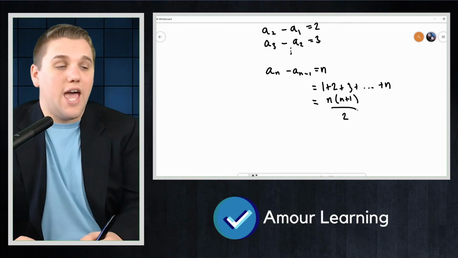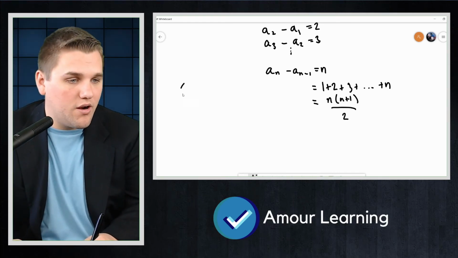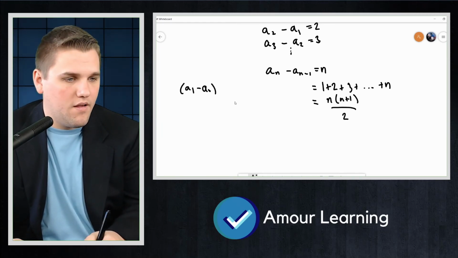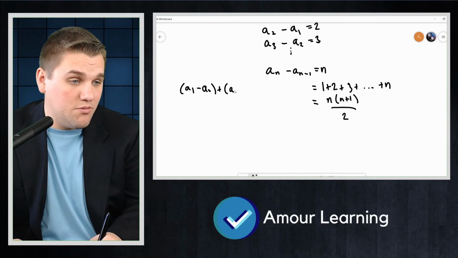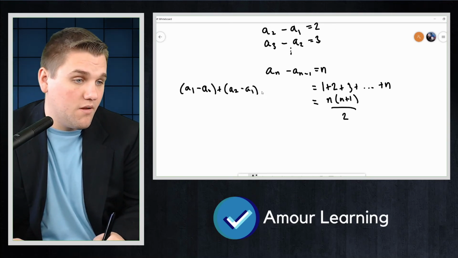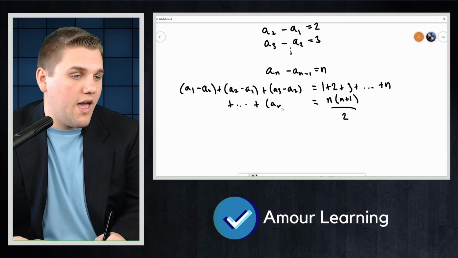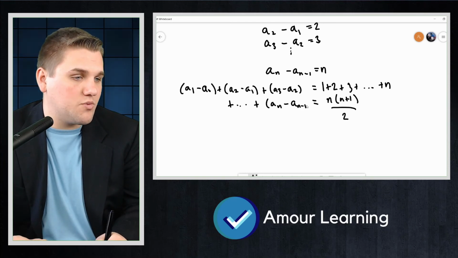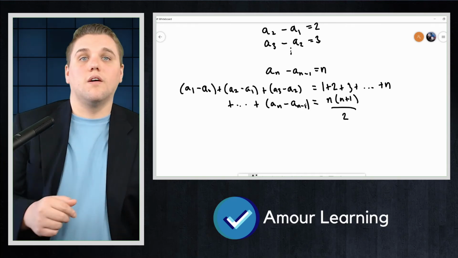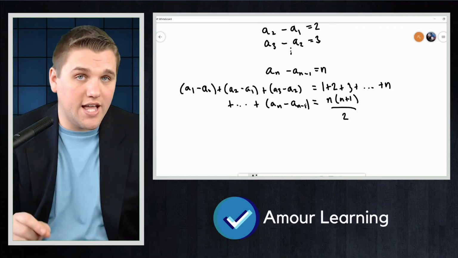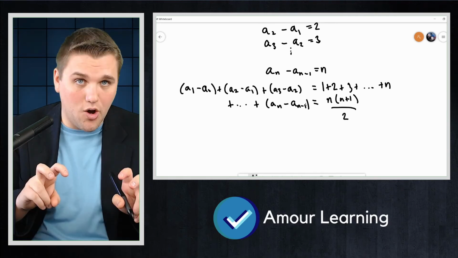Well, we get a_1 minus a_0, plus a_2 minus a_1, plus a_3 minus a_2, plus all the way up to a_n minus a_{n-1}. Okay, this sum on the left-hand side telescopes.